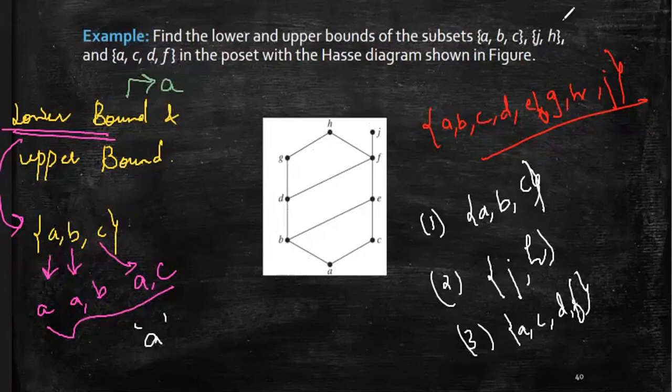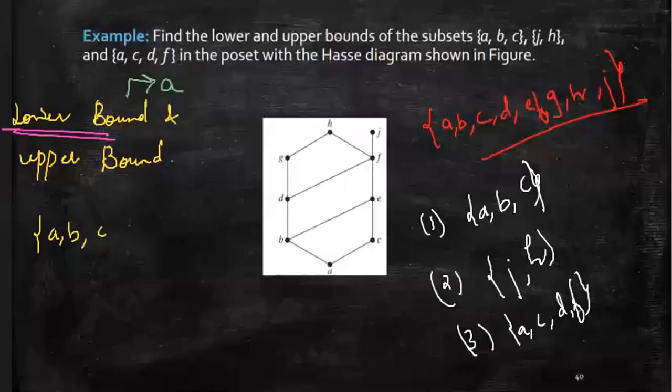Now what about the upper bound for ABC? We have to see all the elements common to ABC which are greater than or equal to the elements in the subset. Again for the same set ABC, we are trying to find the upper bound.